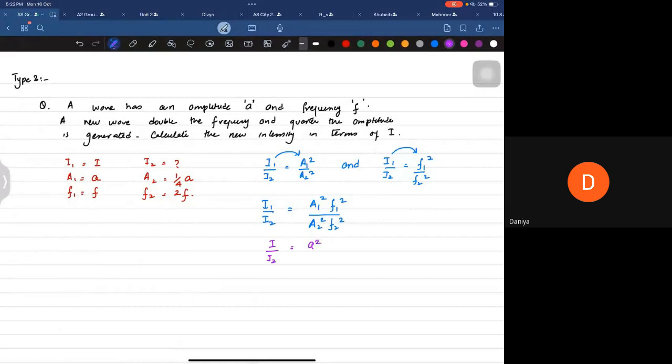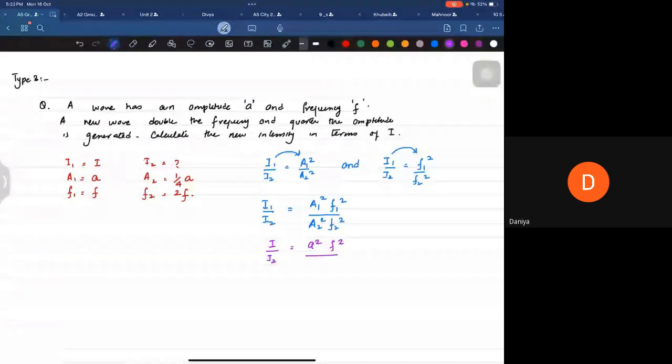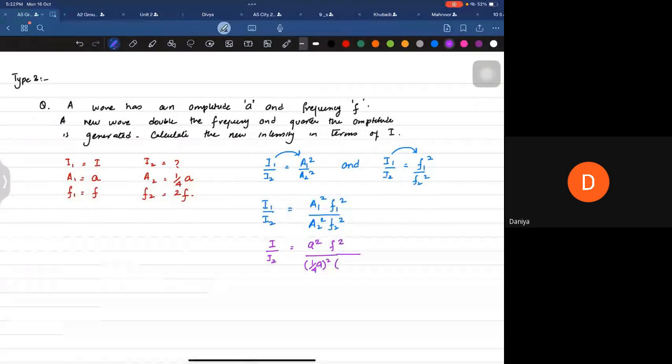A1 is A squared and F1 is F squared, divided by A2 is 1 by 4 A squared, and F2 is basically 2F whole squared. That's it, everyone.